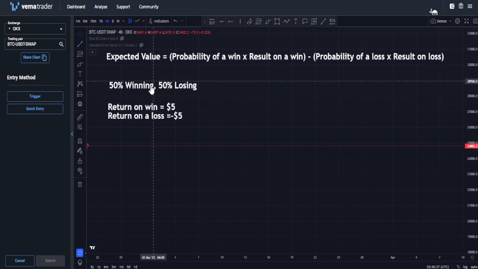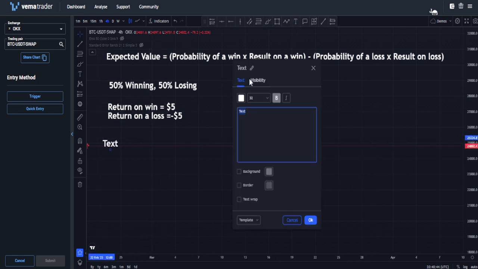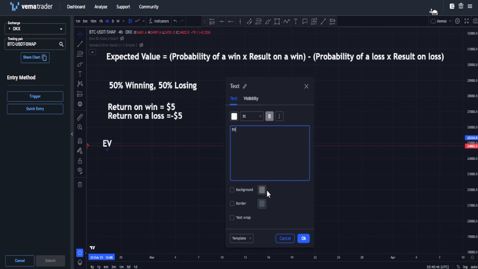So all we have to do is take all these values we have and plug them into the expected value formula. If we do that, we will see, so we have EV is equal to the probability of a win, which we have as 50%, times the result on a win, which was $5, minus the probability of a loss, which again was 50%, times the result on the loss, which is technically negative $5, but we've already got the negative in there.